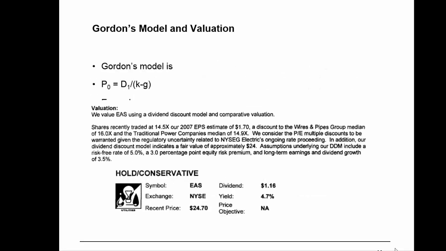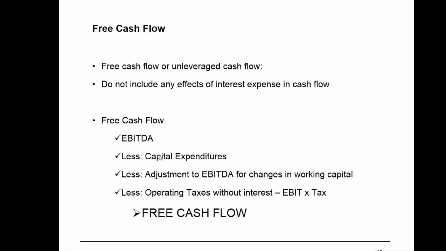This is just an example of an analyst report where they did a simple DCF analysis and used a risk-free rate plus a 3% equity risk premium, a long-term 3% equity risk premium that's adjusted for a very low beta, to come up with some kind of valuation.